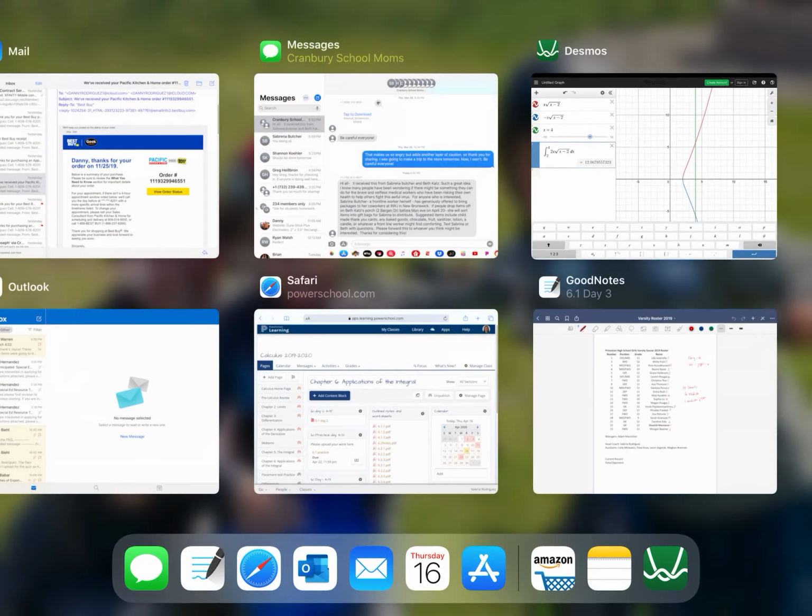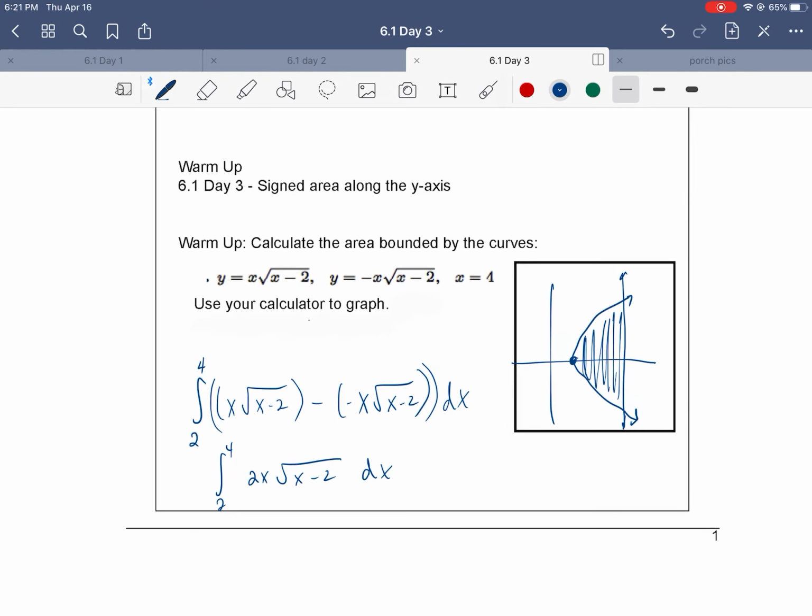So 12.07. Okay, so this was a problem where we had a function that was always above, a function that was always below, and we had a left and a right limit of integration that was numerical. X values were on the integral.